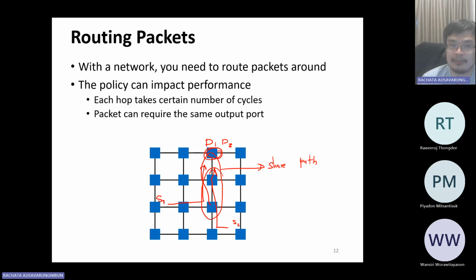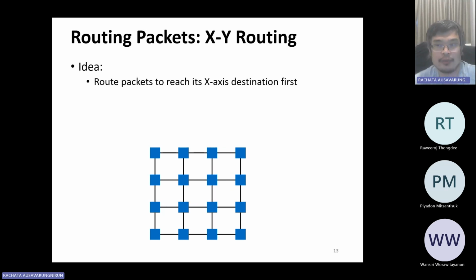This basically leads us to the next problem called routing. How do we plan the path? One quick idea is we can do something we call XY or YX routing. XY routing, basically I go in the X direction first, then I go in the Y direction. For example, XY routing for source to destination here would first go in X, then go in Y. Another source, go in X, go in Y. Simple, right?